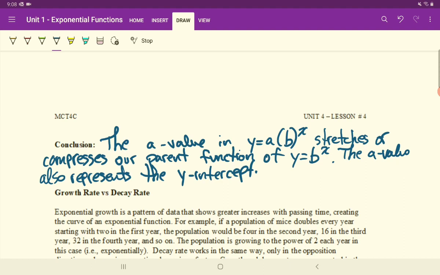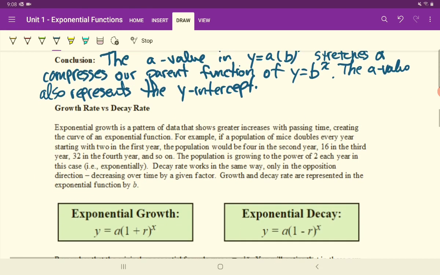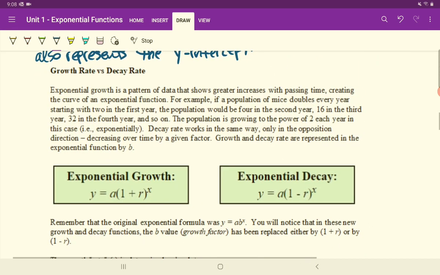Multiple different things that apply in the real world use exponential functions, okay? And in the real world, we have this concept called growth rate and decay rate. Okay, growth obviously meaning that the exponential function is growing, decay rate meaning that it's decreasing.